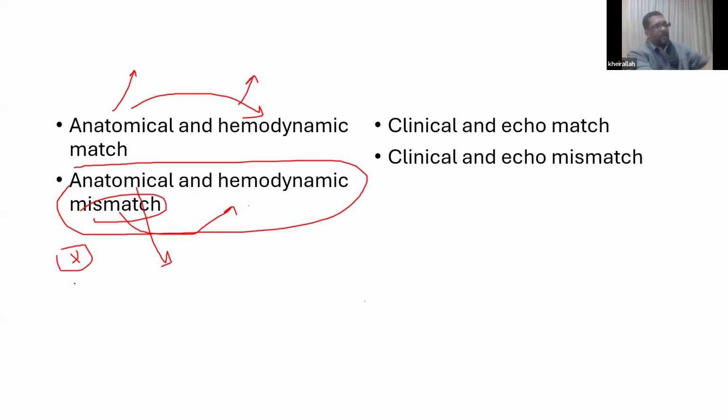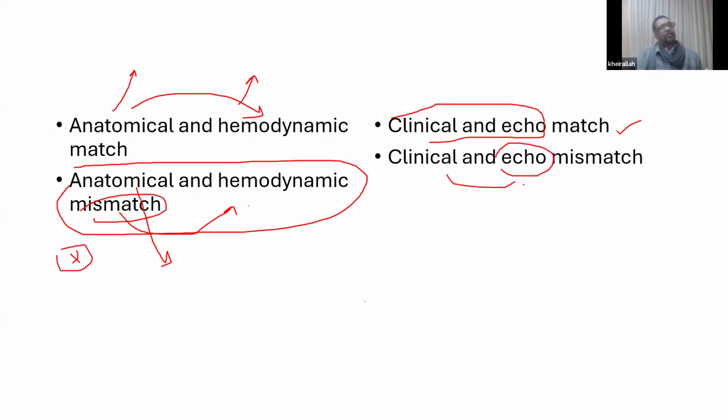At echo level, we also have mismatch between the clinical and echo data. For example, the patient comes symptomatic with severe shortness of breath, you do echo, and you find severe mitral stenosis. This is clinical echo match. Great, well done. So the patient is symptomatic because of severe mitral stenosis. Now, if this same patient, the echo has shown mild to moderate MS, this is called clinical echo mismatch.